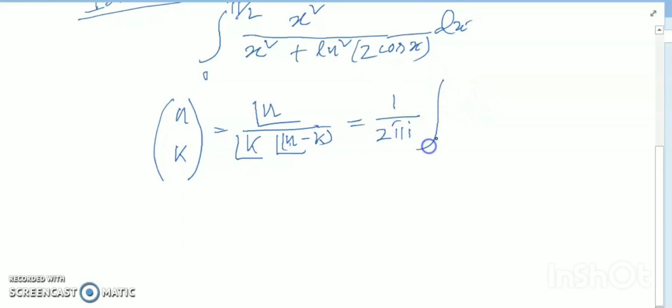One by 2 pi i, mod of z equals r, (1 plus z) whole to the power n, divided by z to the power n plus 1, dz.